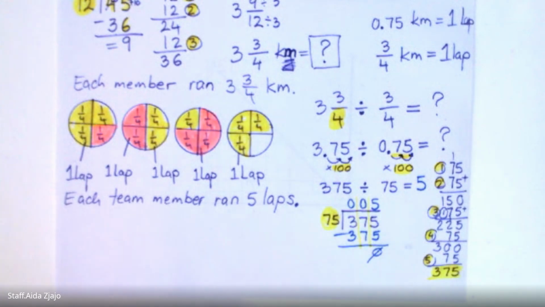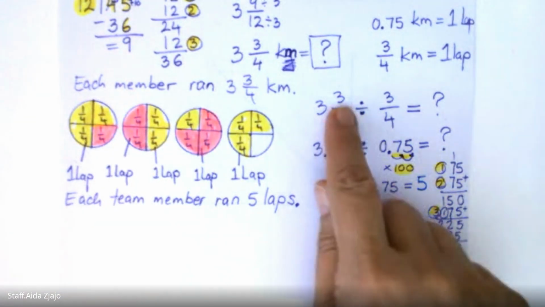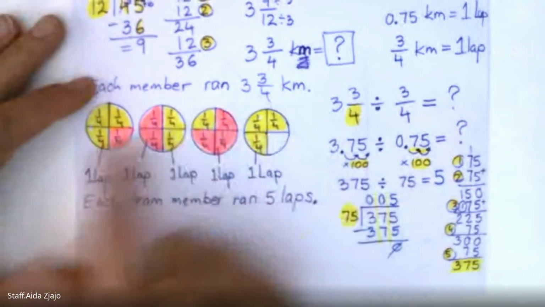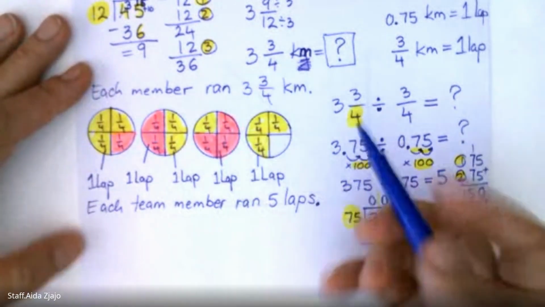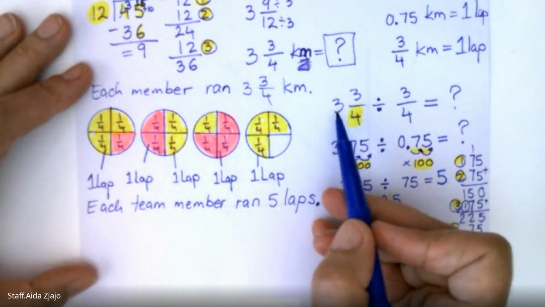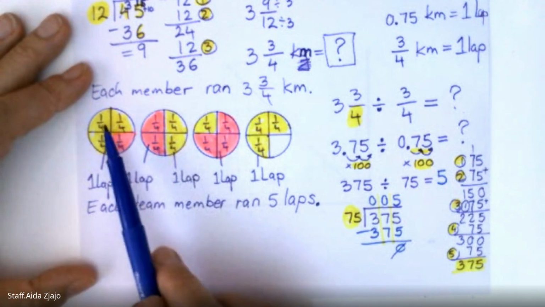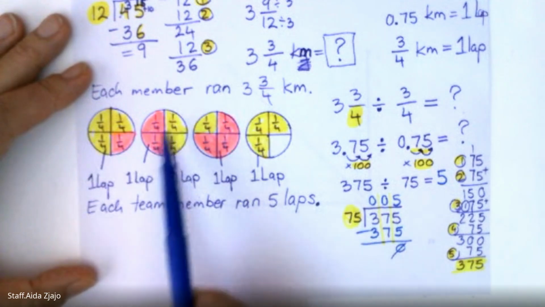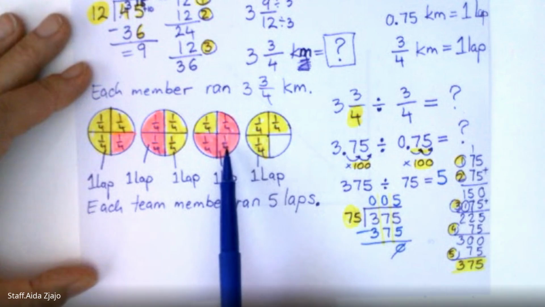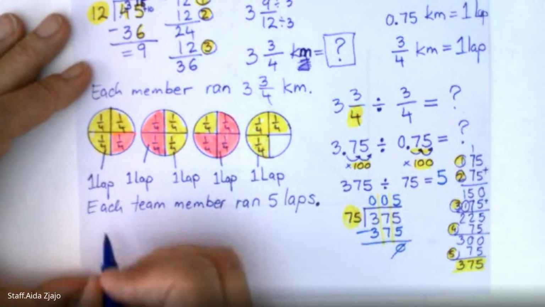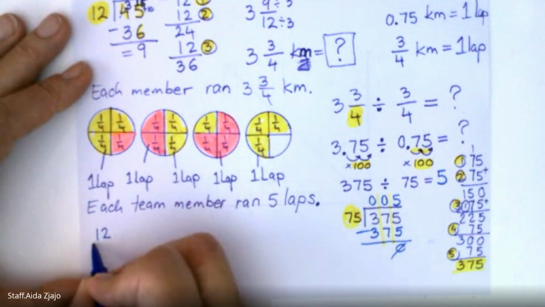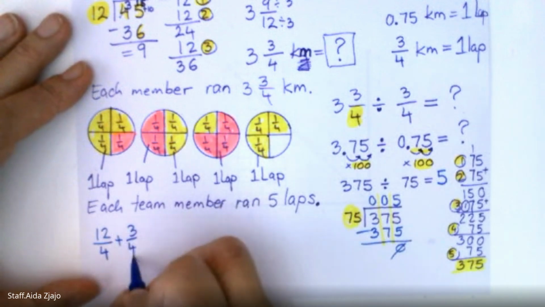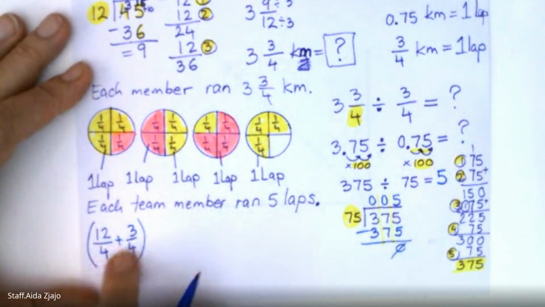I also want to explain how I got this to match with the picture. So if you don't want to draw a picture, you can think, okay, 3 wholes. If I cut them into the fourths, these 3 wholes will make 1, 2, 3, 4, 5, 6, 7, 8, 9, 10, 11, 12 fourths. So 3 wholes are 12 fourths plus the 3 fourths that you had. Together, that would be 15 fourths.